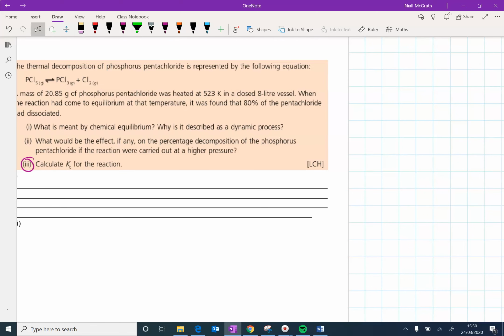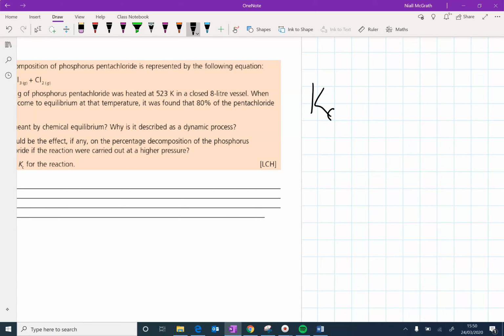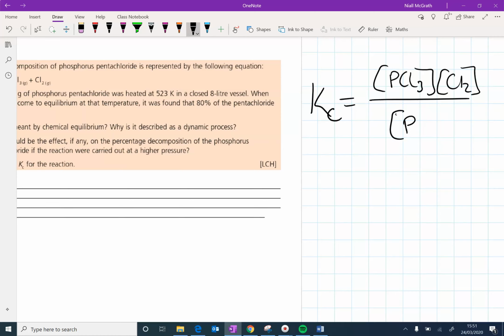So first of all, we'll write our expression for Kc. So Kc is going to be equal to the concentration of PCl3 multiplied by Cl2 over the concentration of PCl5. So that's our expression for Kc.